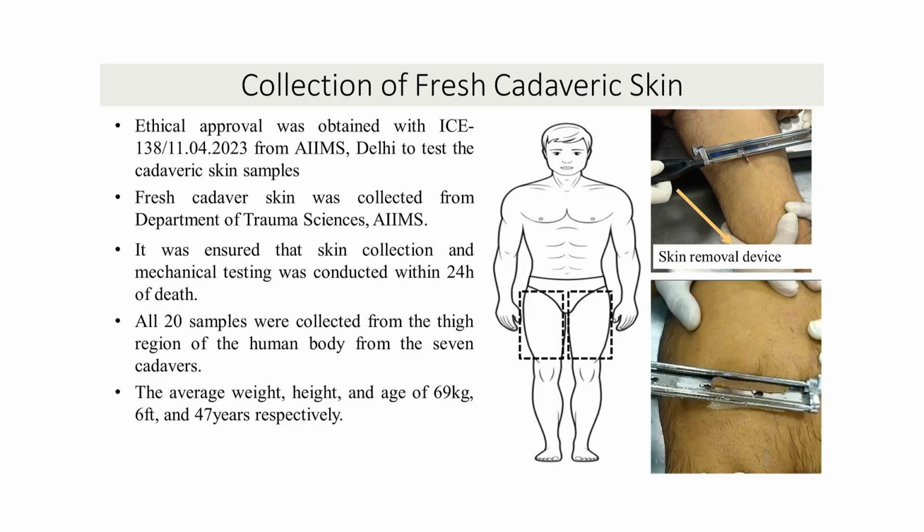So ethical approval was obtained from the ethics committee. These are some ethical numbers in 2023 from AIIMS Delhi to test the cadaveric skin samples, right? So this was step one. Equivalent is you take the ethical approval from a hospital or from your institution. It has to have some medical focus to have an ethics committee.